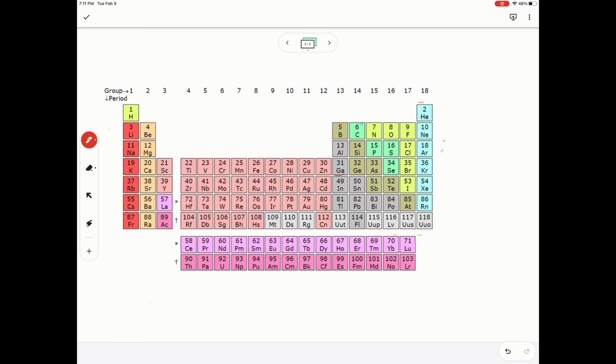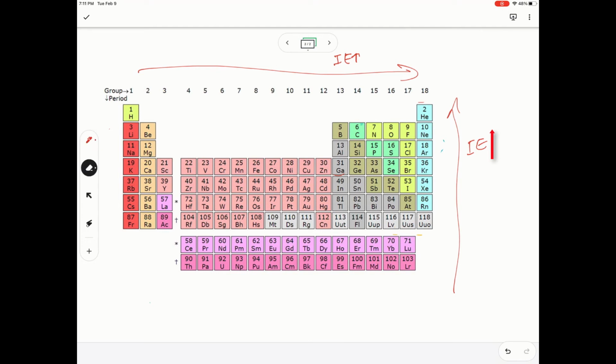Well, IE increases this way, so things that are further to the right have a higher ionization energy. Or what else? This way, IE also increases that way. So things that are further to the right or higher up will have the higher ionization energy.